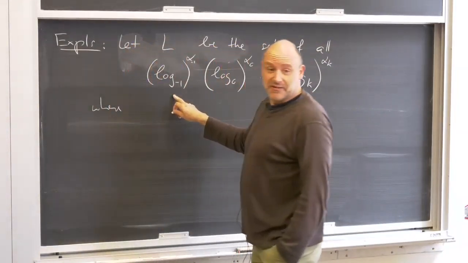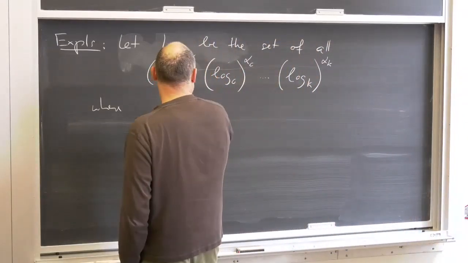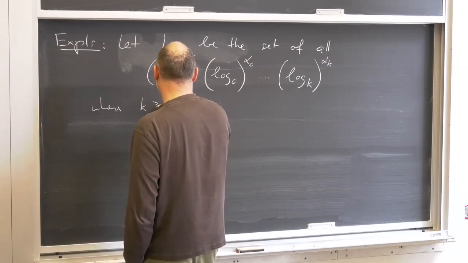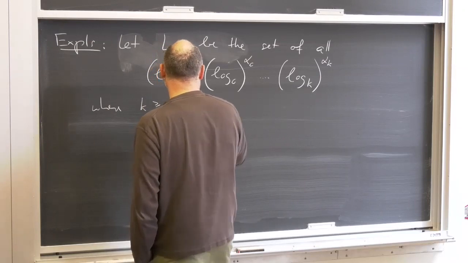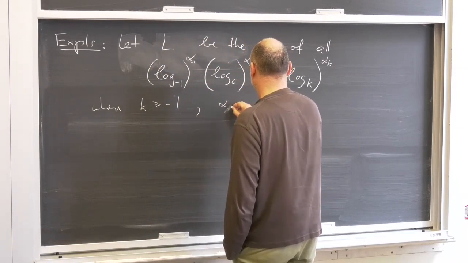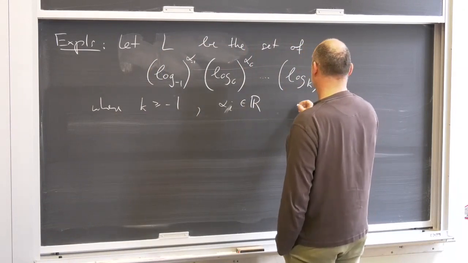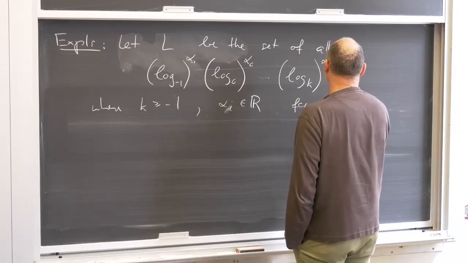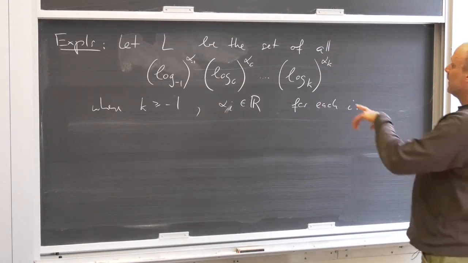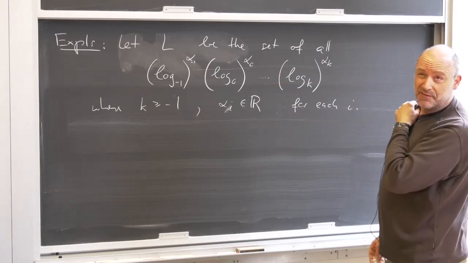So log_{-1} is e to the x, and log_0 is x, and so on, where k is an integer greater than or equal to -1, and the alphas are real numbers, positive or negative. Then L is not just a multiplicative group, it's a multiplicative R vector space.